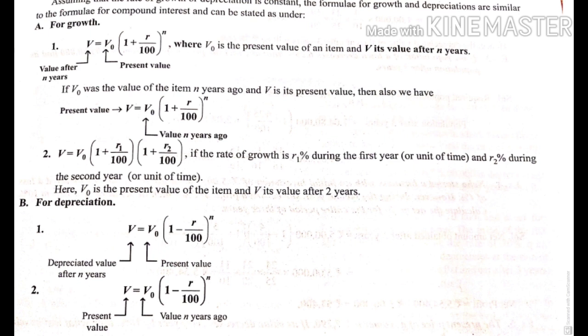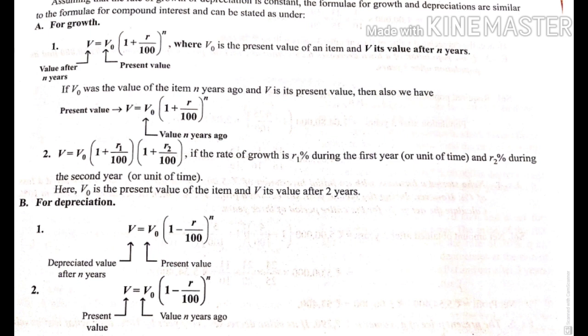And V0 is the present value and V is after 2 years, means V will be the increased value and V0 will be the smaller value. Then I will explain it again in our next exercise 2D. So don't worry if you don't understand this, I will explain again while we solve our questions, how we are going to use this formula.